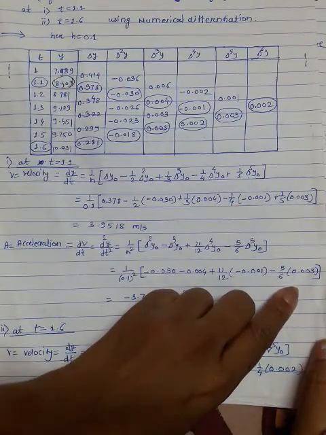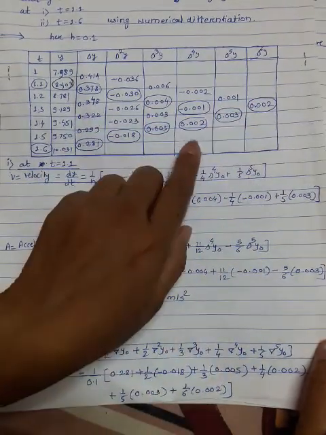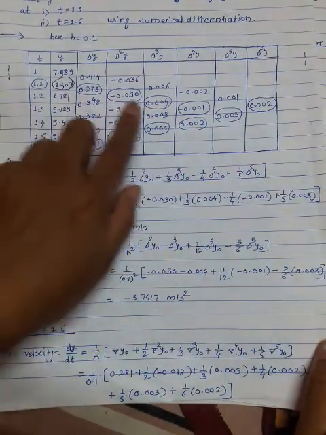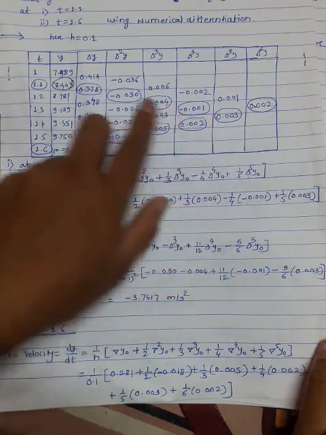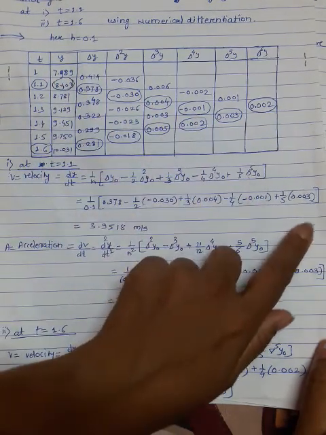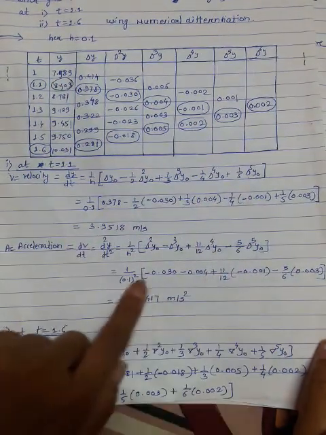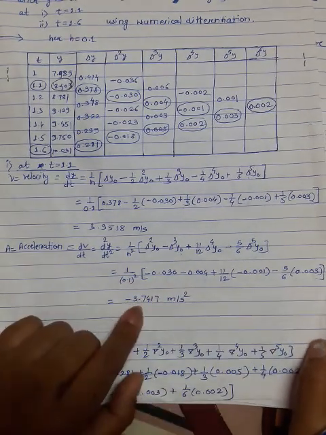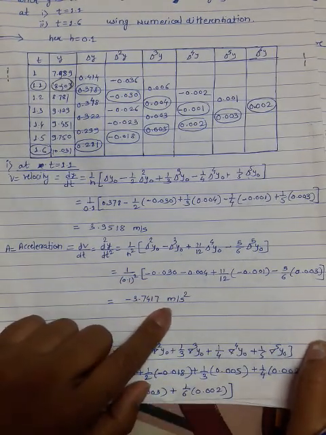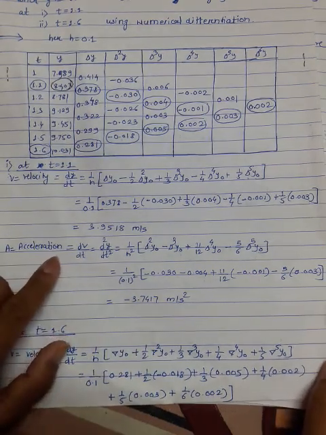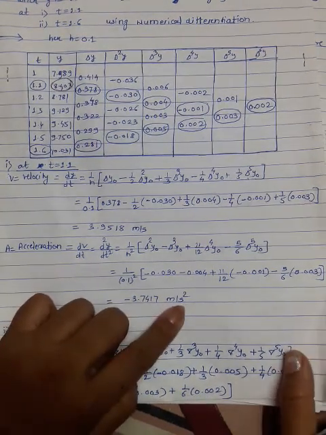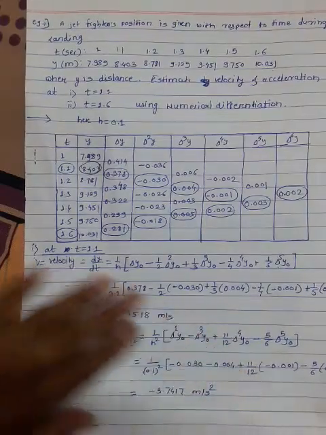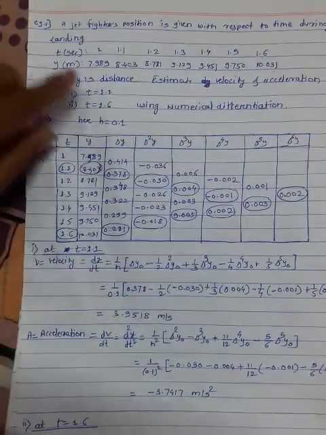That's it. We don't have del raised to 6 because the second value you have to consider from the top, only this much. Okay, that's why we write this one. Okay, now calculate. We get minus 3.7417 meter per second square, obviously the acceleration unit is meter per second square. This is the calculation for 1.1.